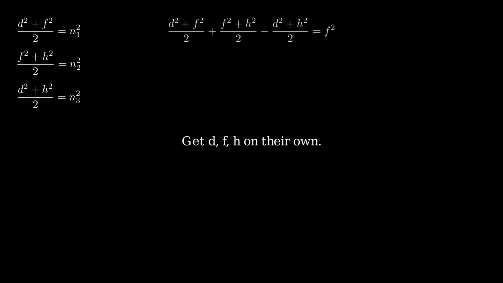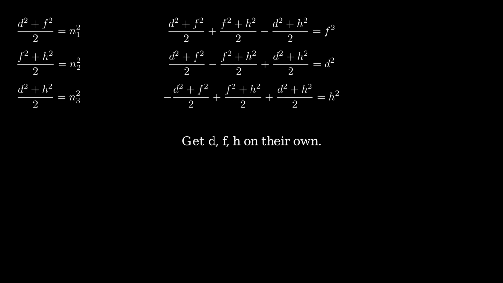This led to the next idea. What if I were to try and redefine everything in terms of only the n1, n2, and n3 variables? In order to do that, we need to isolate each of the variables d, f, h in order to get their n1, n2, and n3 counterpart. Fortunately, this is surprisingly easy.